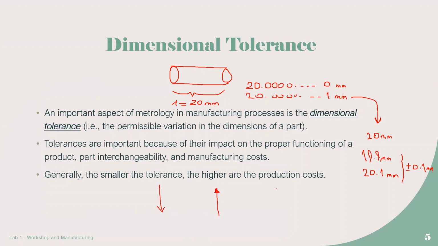Because to have more accurate dimensions in your production, you would have to use better machines, and that would increase your production cost. So again, smaller tolerance, higher production cost; higher tolerance, smaller production cost. Okay, it is important to know it.